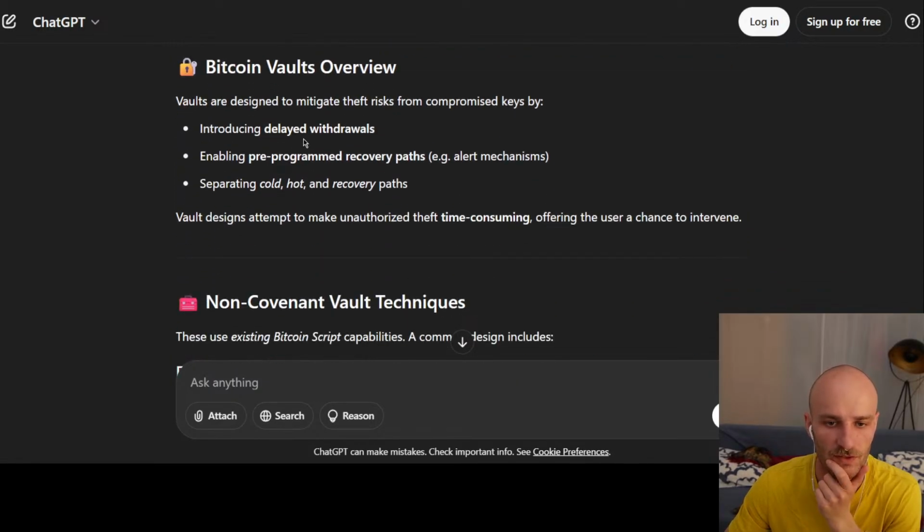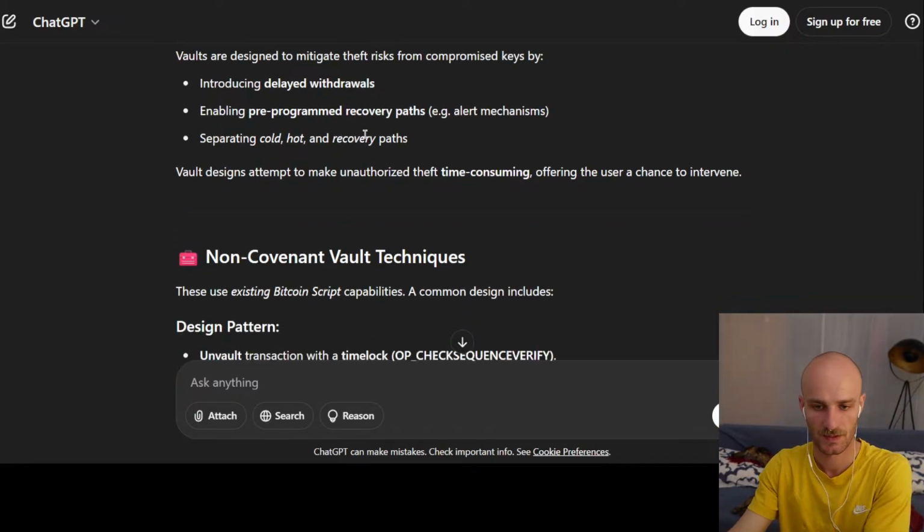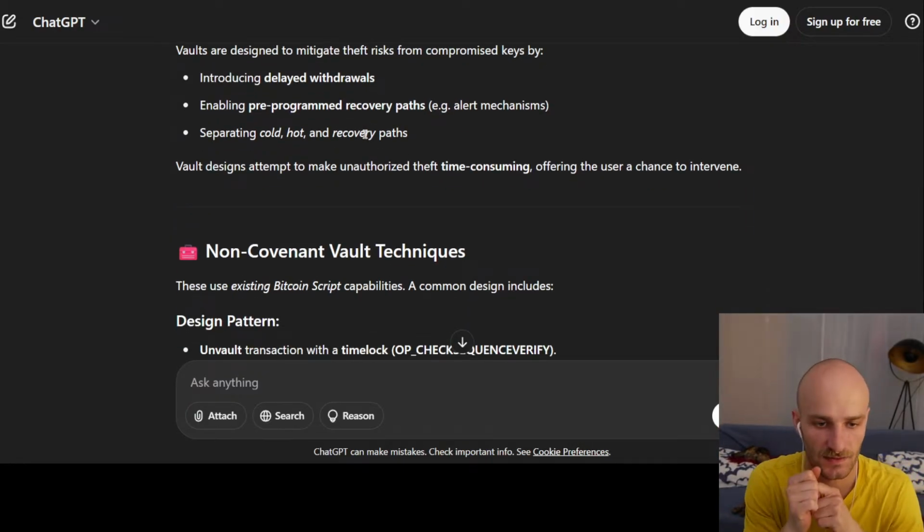So, Bitcoin vaults overview. Vaults are designed to mitigate theft risks from compromised keys by introducing delayed withdrawals, enabling pre-programmed recovery paths, and separating cold, hot, and recovery paths. The vault designs attempt to make unauthorized theft time-consuming, offering the user a chance to intervene.